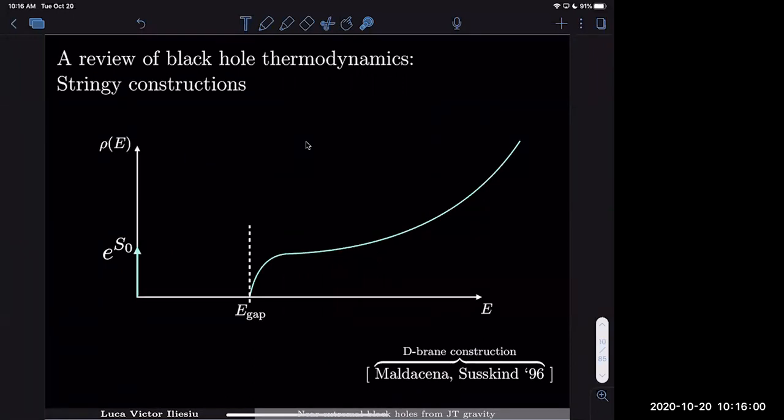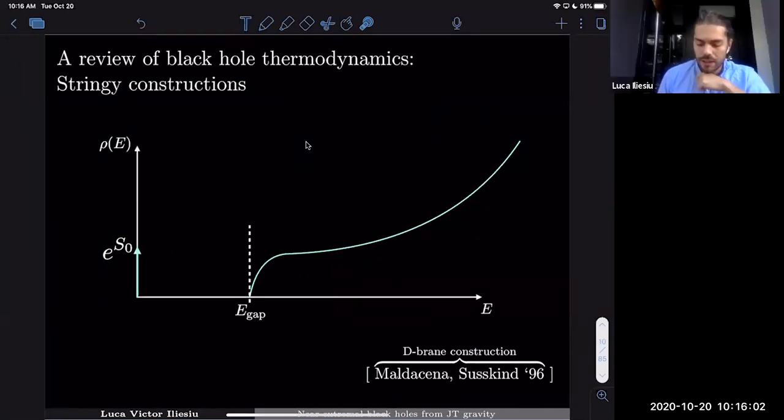And there have been various proposals coming from string theory. So for instance, there's a famous D-brane construction from the 90s in the D1, D5 system made by Maldacena and Susskind, which proposes that the way to resolve the puzzle is that E gap should literally be interpreted as a gap in the spectrum of the energies of black holes.